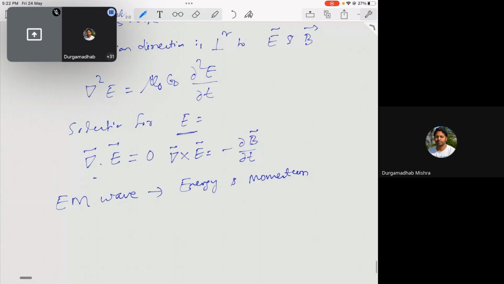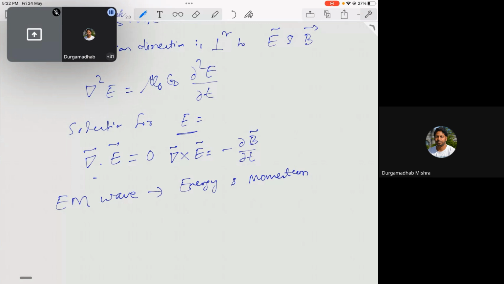Now, what is the energy associated with electric field and magnetic field? This is simply taken from classical electricity and magnetism.